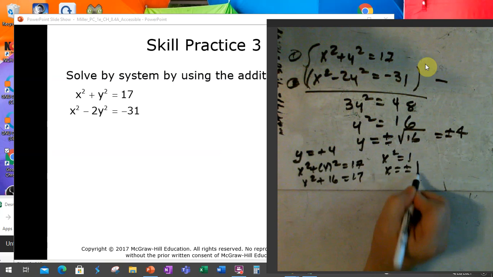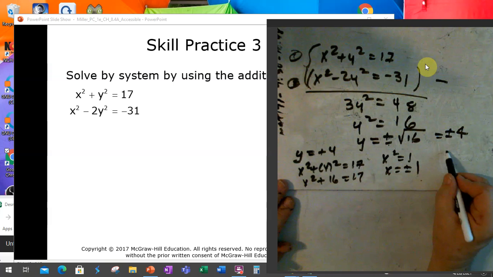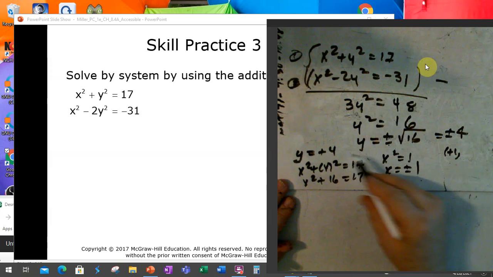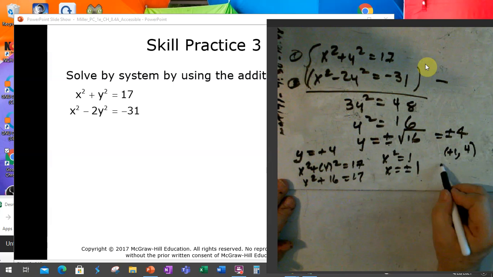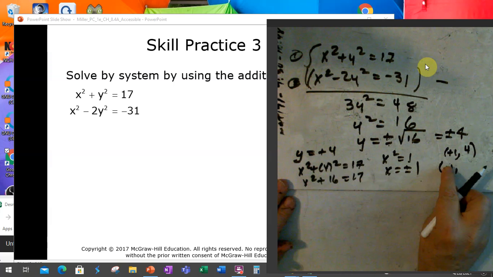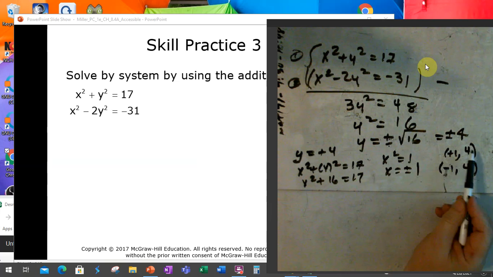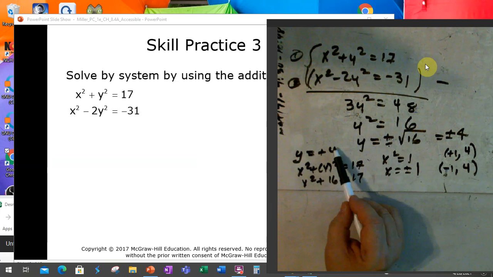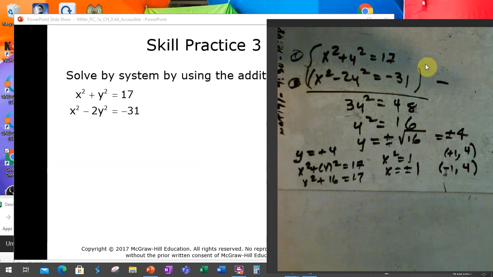So from these, I get two solutions. I get my plus 1 from here, there's my 4. And then minus 1 for my x, and then plus 4. 1, 4, negative 1, 4. From this 4, I get two x's. There's my x's.